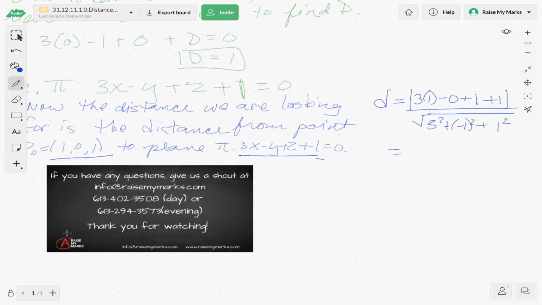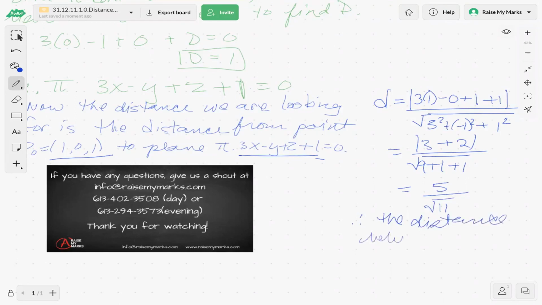In the numerator, we have the absolute value of 3 plus 2, which is 5. In the denominator, we have the square root of 9 plus 1 plus 1, which is the square root of 11. So this is our distance. Therefore, the distance between lines L1 and L2 is 5 over the square root of 11.